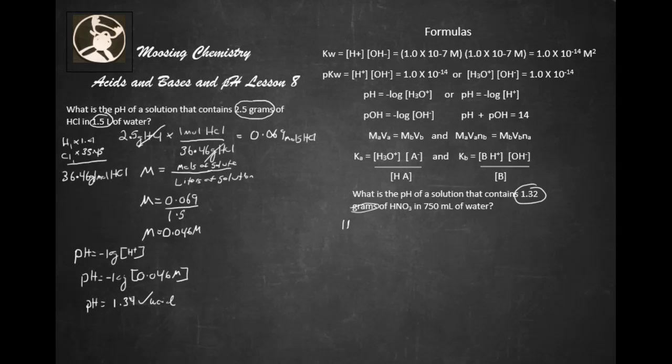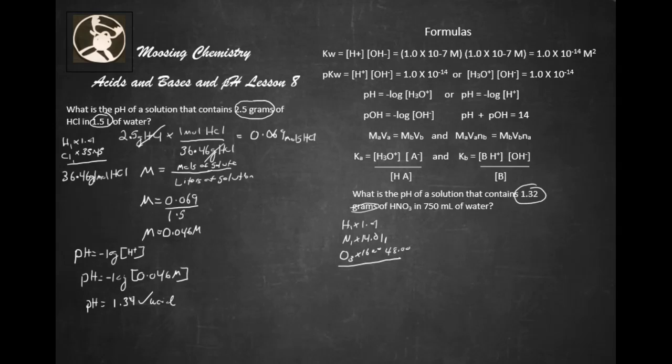We have 1 H, so that's 1 times 1.01. We have 1 nitrogen, which is 1 times 14.01, I believe. Let me double check my nitrogen on my periodic table. Yep, I'm correct. And then we have 3 oxygens, at 16 apiece, so this gives me 48.